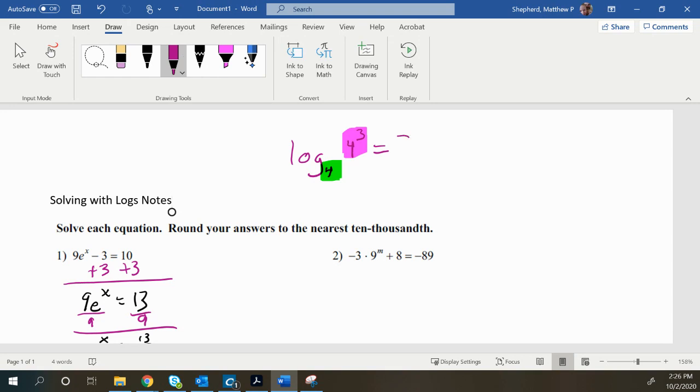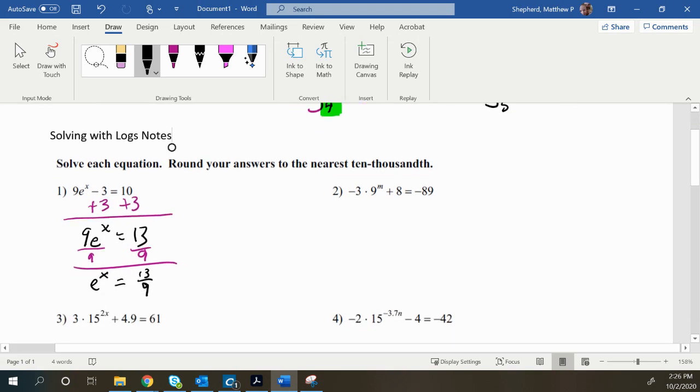Well, the answer is obvious. It has to be 3. So notice how we can use that. If I had something like log base 5 of 5 to the power of x, well, 5 to the power of what is 5 to the power of x? x.